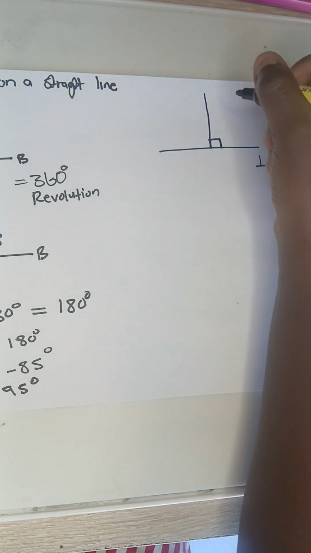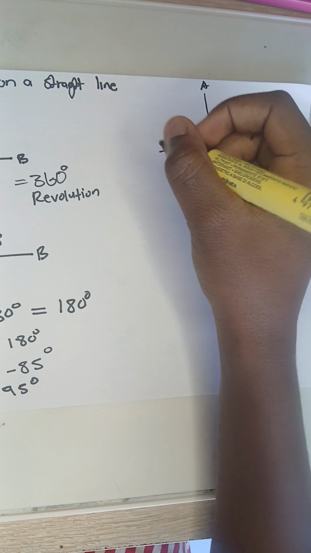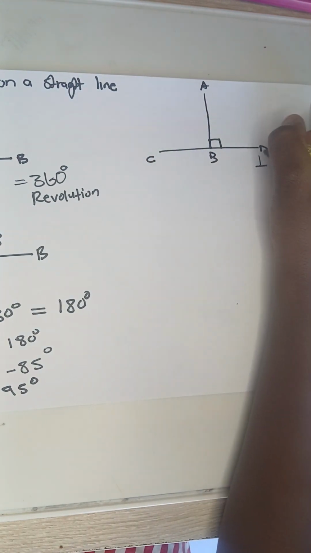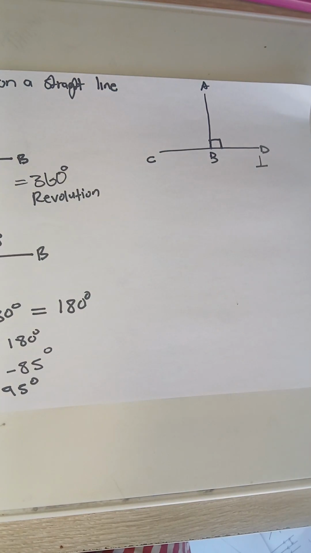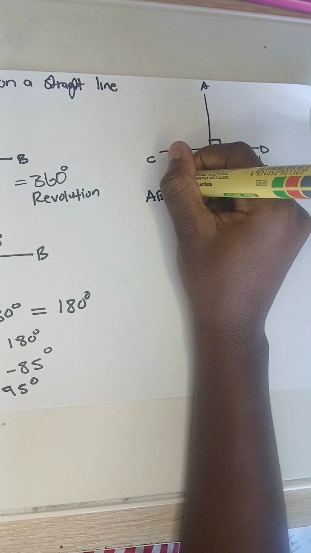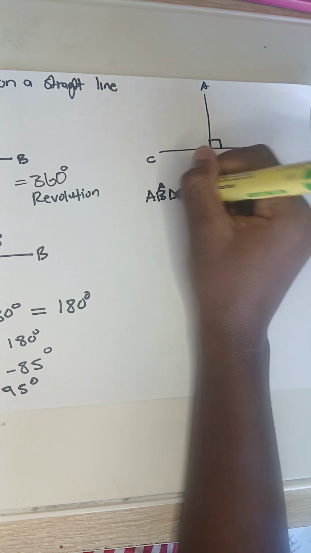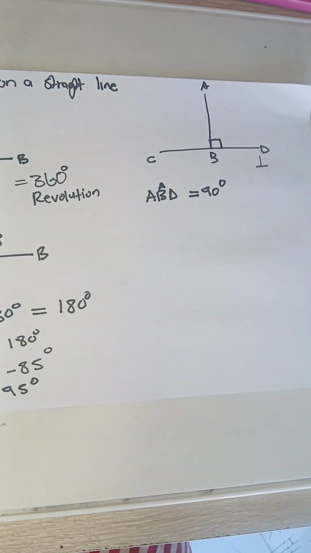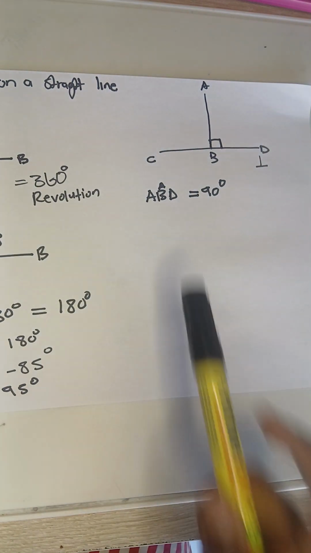Let's say here is A, here is C, here is B, and here is D. When I say angle ABD is equal to 90 degrees, now I want you to understand this thing.